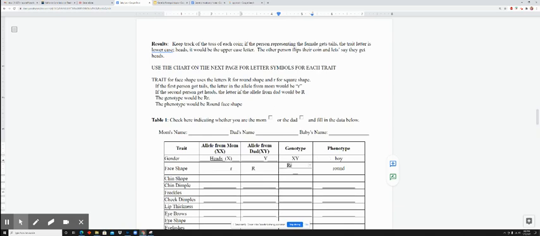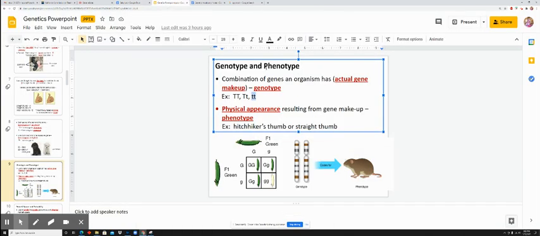The phenotype is the physical appearance that is determined from the genotype. So right here, the genotype, the genes are right here, and these genes code for, I'm assuming, the trait of fur color. So you need to know the difference, and how I remember it is genotype refers to genes, what genes they have, which are represented by letters, and phenotype, PH, photo, physical.